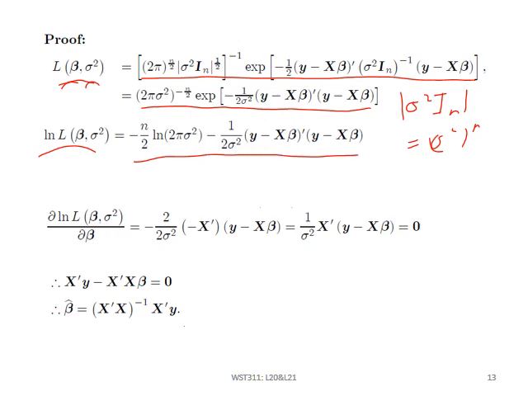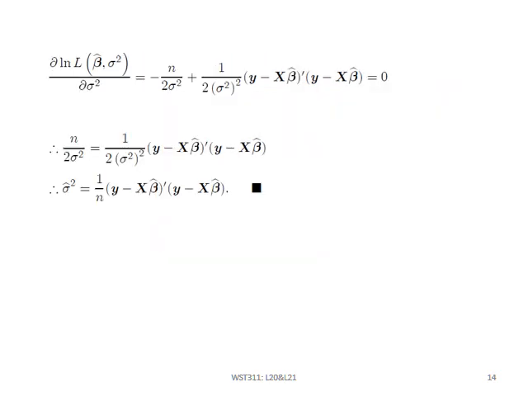We take the partial derivative towards beta of the log likelihood, which is equal to the expression over here. Setting this equal to 0 and solving gives us the optimizing point beta hat equal to X prime X inverse X prime y, which is equal to the least square principle estimator.